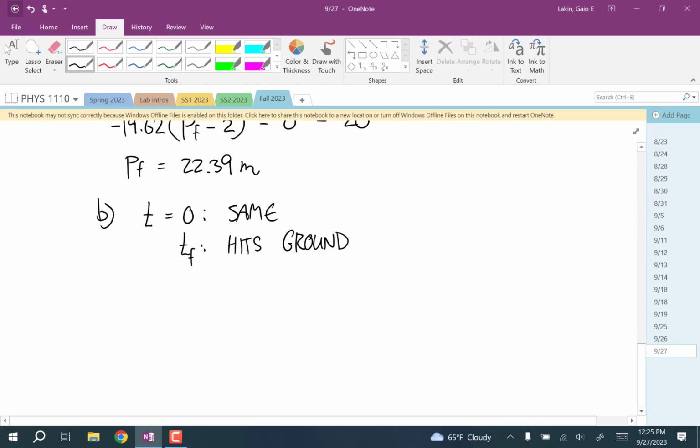What you could do, I don't think it's worth the effort, but you could make your time equal 0 at the highest point, and then work from there. But it sort of makes you think unnecessarily about it.